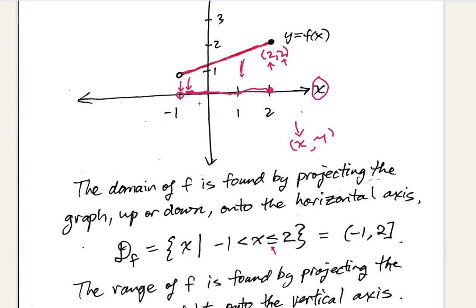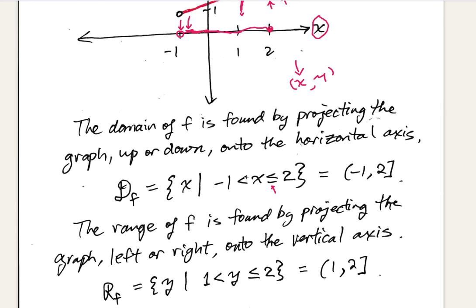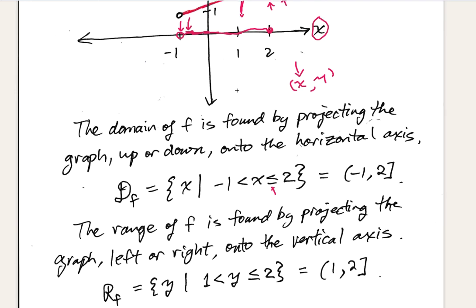How would you get the range graphically? Well, the range of f is going to be found by projecting the graph left or right, depending, onto the vertical axis. So you're looking at y values here.